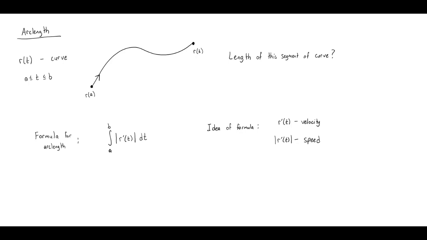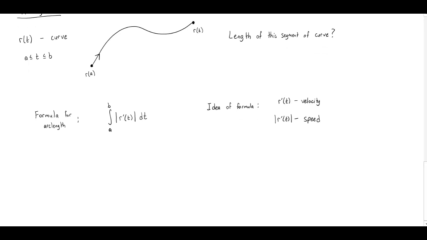Now I want to do a couple of examples. Let's look at this example first. I have some curve r of t equal to (1/2 t squared, 2 root t, 1 over 2t).